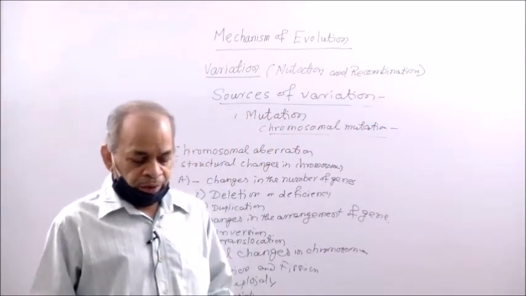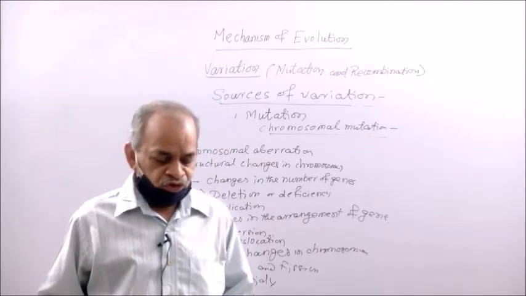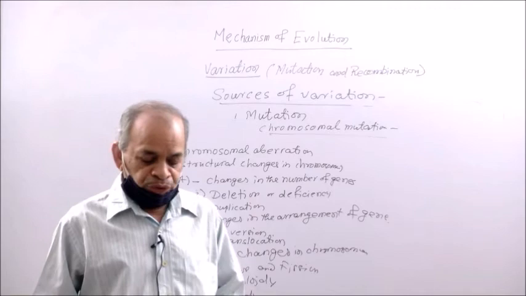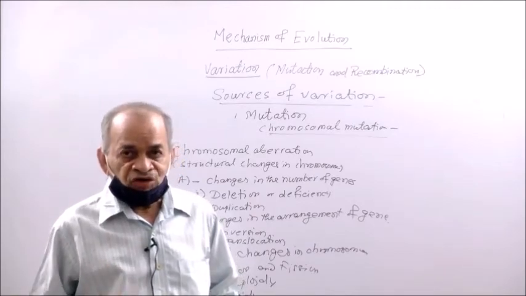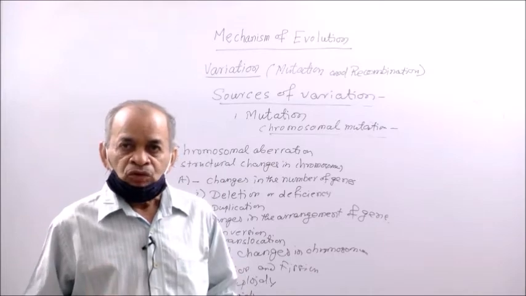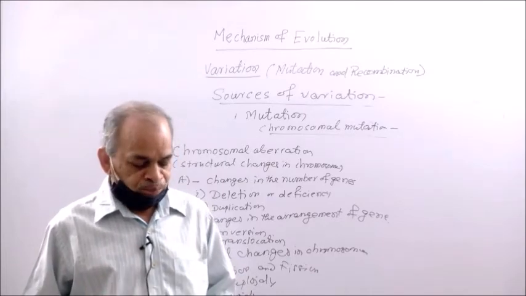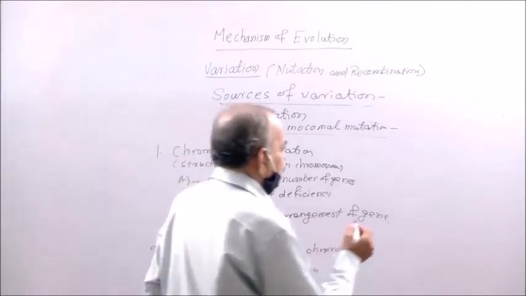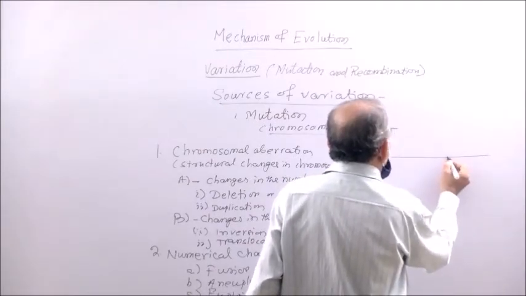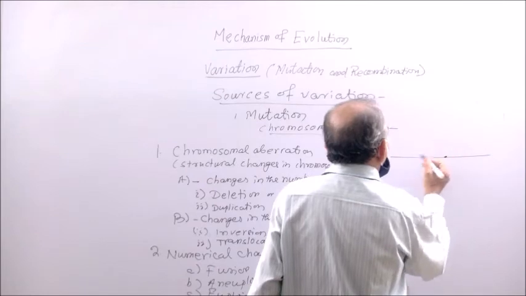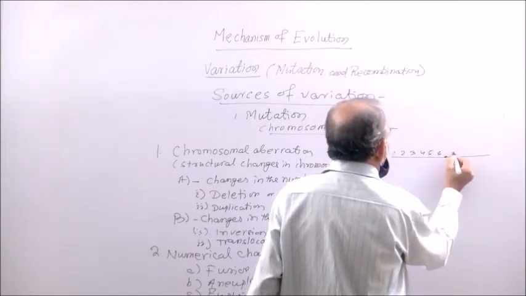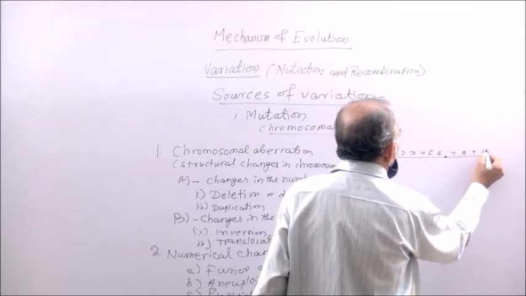Inversion: the gene order of a portion of a chromosome is reversed due to the rotation of a segment through 180 degrees. That means, suppose this is the chromosome, 1, 2, 3, 4, 5, 6, 7, 8, 9, 10.